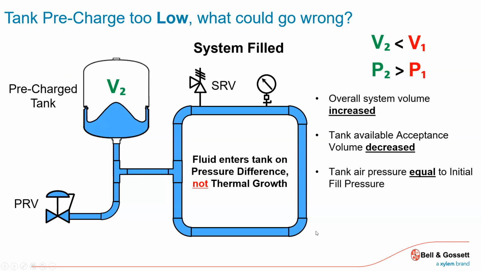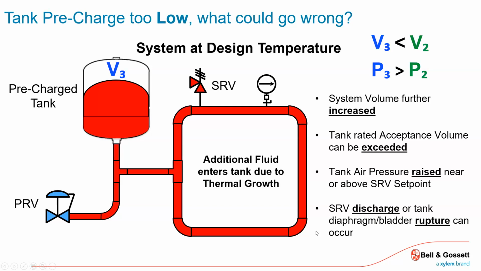So now when I undercharge the tank relative to the fill valve, water comes in. And everything's fine at this point. Everything's still fine. But now I'm at design temperature. I've got maximum expansion of water, and I don't have the room in the end to accept all that water.